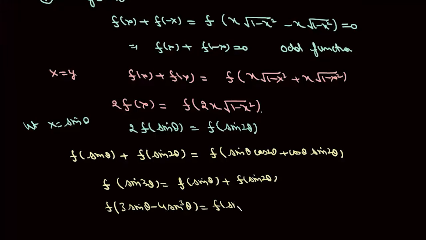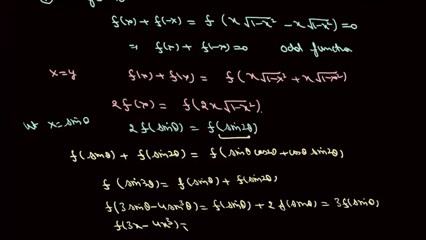Now sine 3 theta is 3 sine theta minus 4 sine cube theta. And this is f(sine theta), and f(sine 2 theta) is 2f(sine theta), which is 3f(sine theta), and sine theta is x. So we can write f of 3x minus 4x cube will be equal to 3f(x).